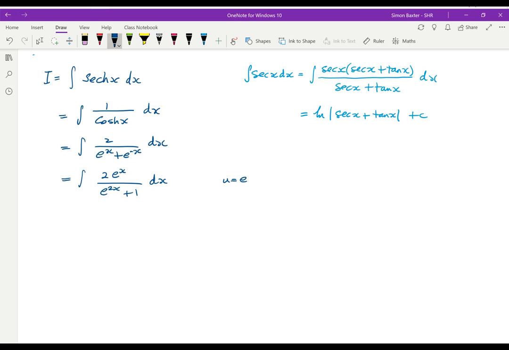Let's put u equal to e to the x. In that case, du is equal to e to the x dx. And e to the 2x is u squared, so that's the integral of 2 over u squared plus 1, e to the x dx is du. That is now a standard integral. So that's 2 arc tan u plus c. Put it back into x's is 2 arc tan e to the x plus c.